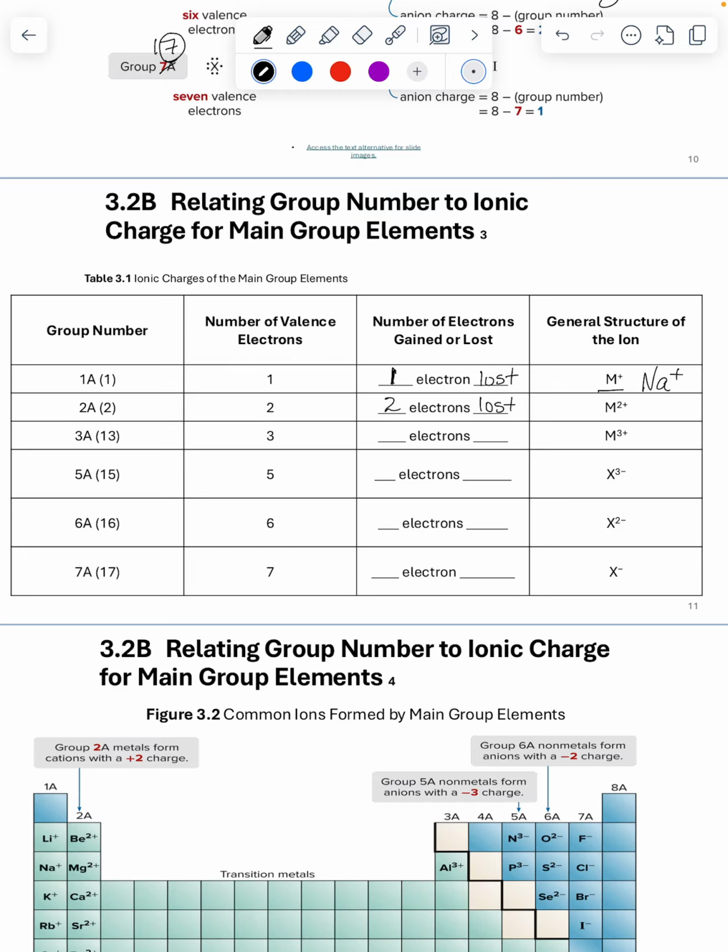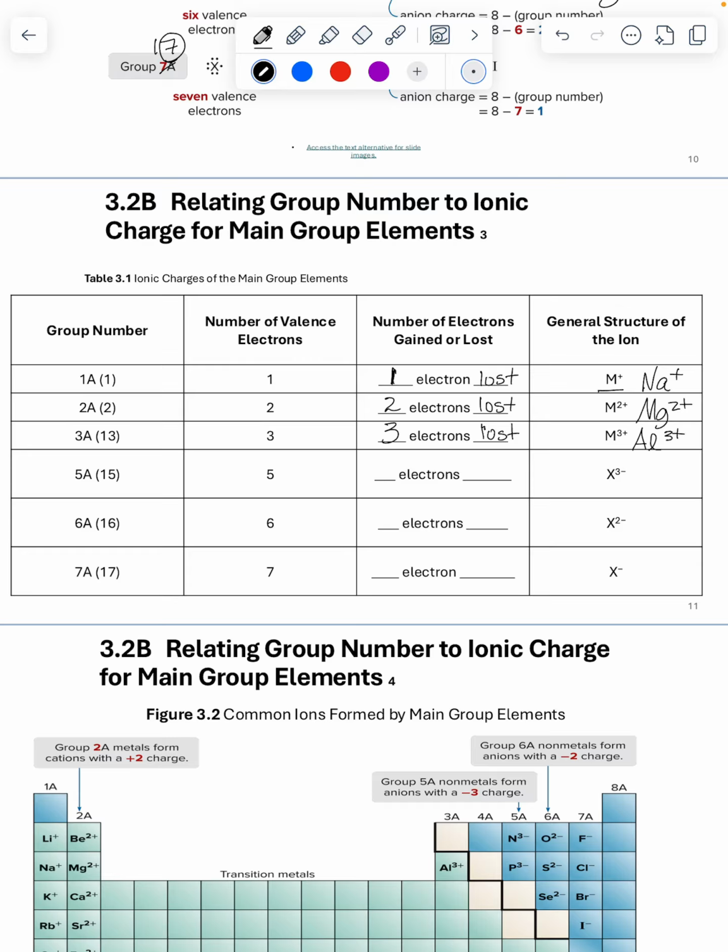For example, magnesium is in this group, and so you would have Mg and then a superscript of 2+. Group 3, we can have 3 electrons lost to fill that outer shell, and the symbol is M3+. So aluminum is one of those elements. So Al with 3+ in the upper right hand corner.